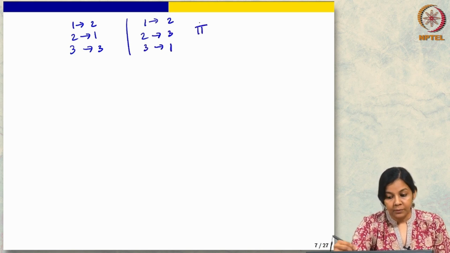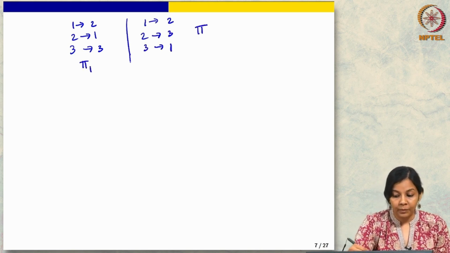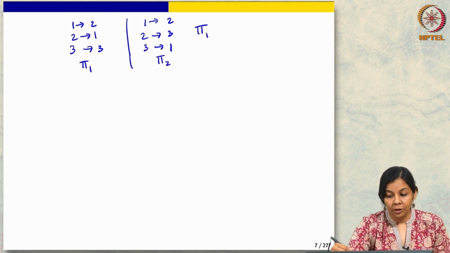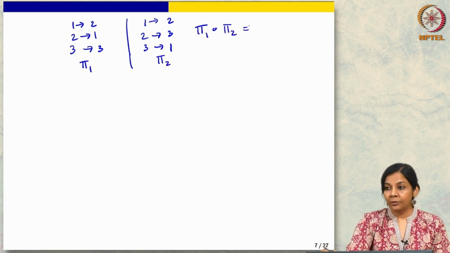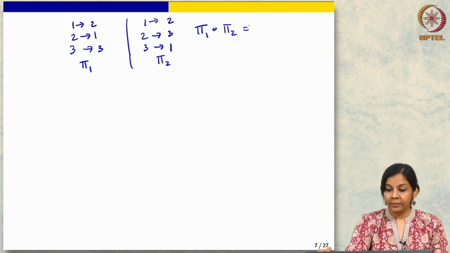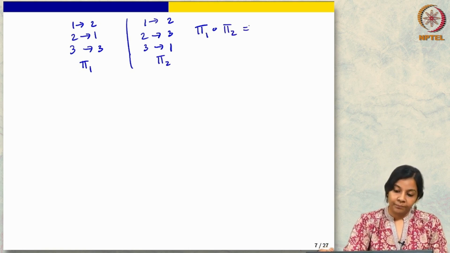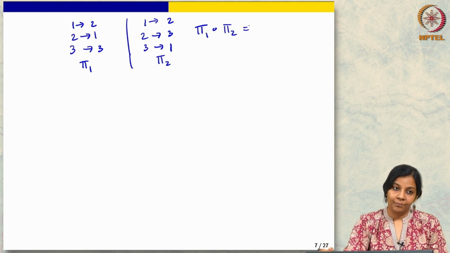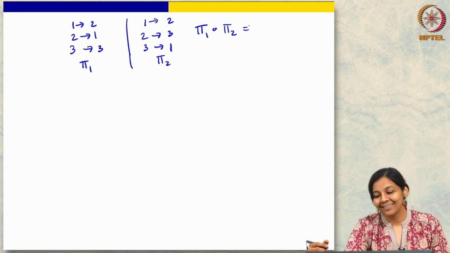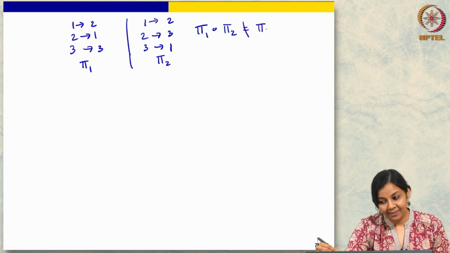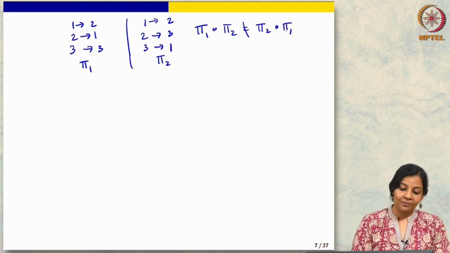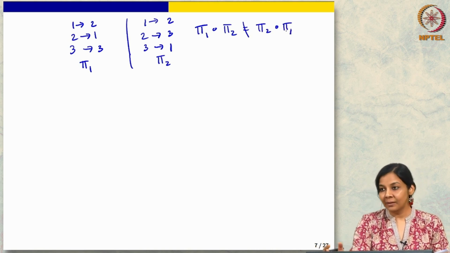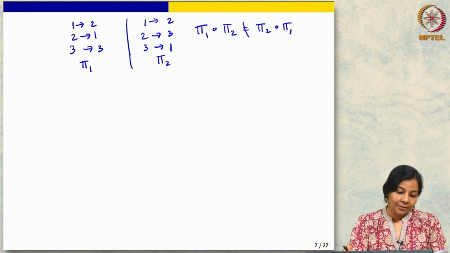This is pi 1 and this is pi 2. So, pi 1 composed with pi 2, what is it? Okay, we can do it, but maybe I do not have to do it. So, I will just claim that pi 1 pi 2 is not the same as pi 2 pi 1.